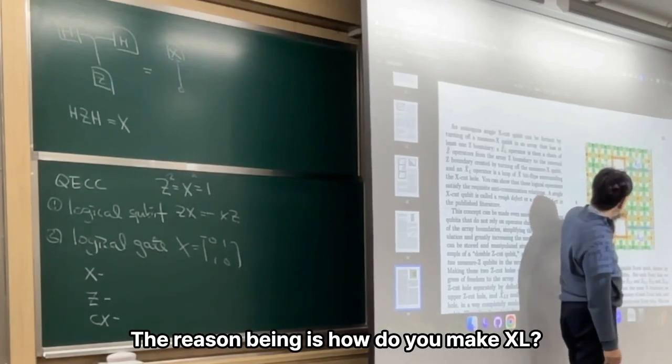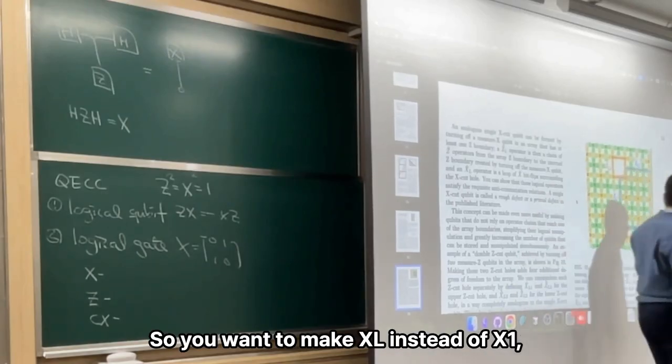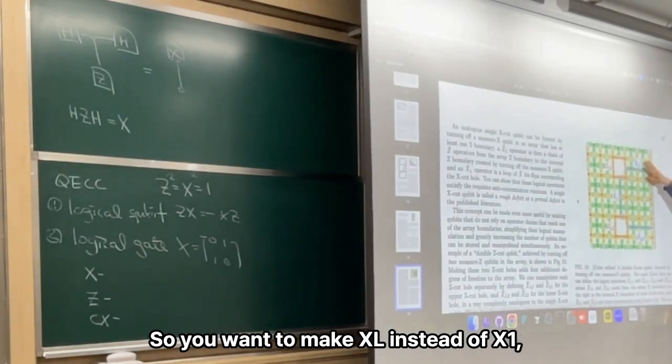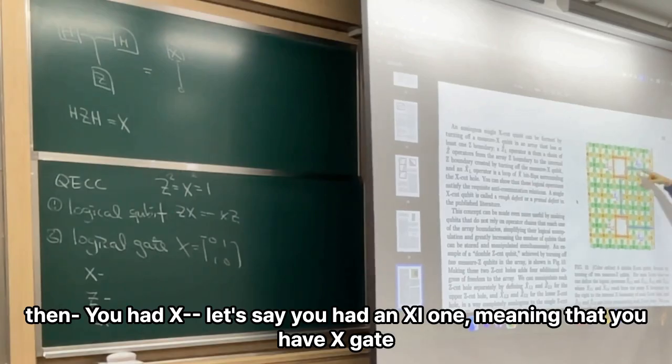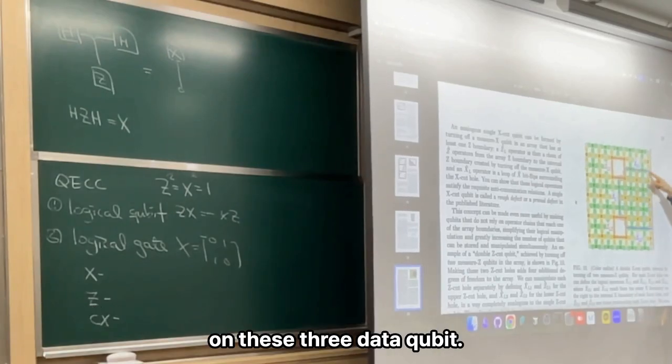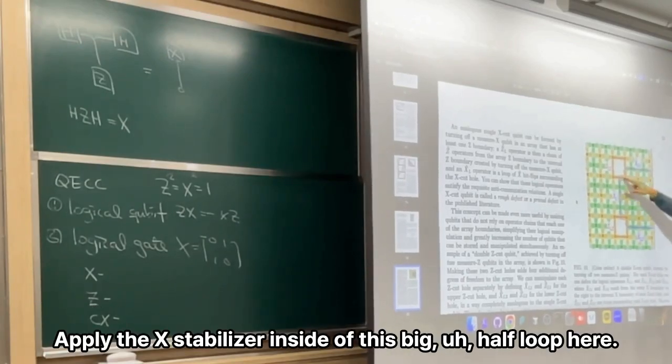The reason being, how do you make XL? Let's say you had an XL1, meaning that you have an X gate on these three data qubits. Apply the X stabilizer inside of this big half loop here.